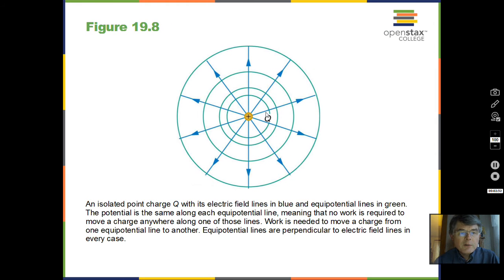Now let's back up to a single charge Q. The blue lines with the arrows are the electric field lines. The green lines are lines of equipotential. And we can calculate a single potential, V is the meaning of this V, with kQ over r.